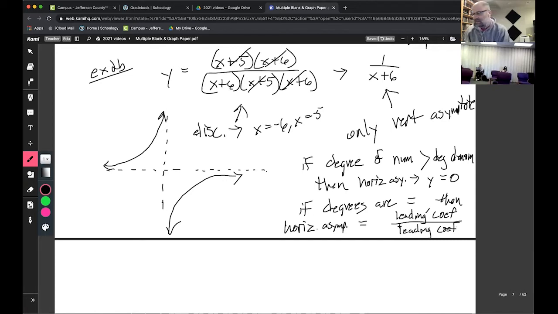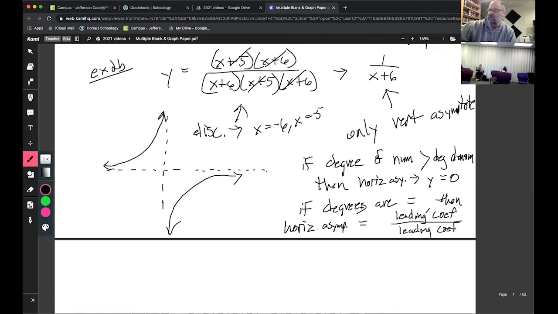That's kind of a weird one. They call it a over b, where a is the coefficient of the term with the highest degree, the leading coefficient in the numerator, and b is the leading coefficient in the denominator. In this case, the leading coefficients would just be 1 and 1. All right, but that's if the degrees are equal.